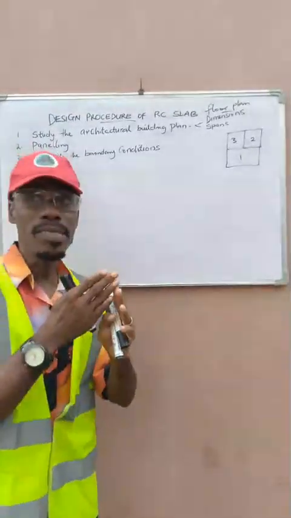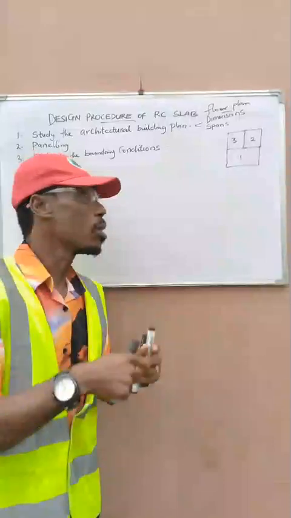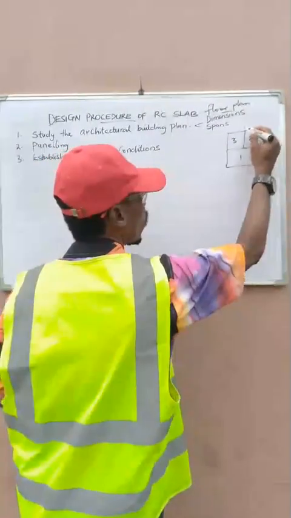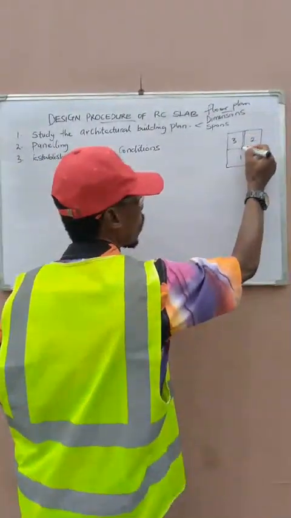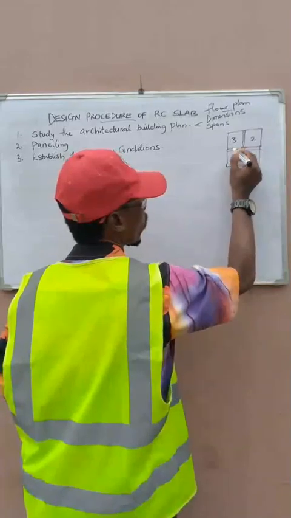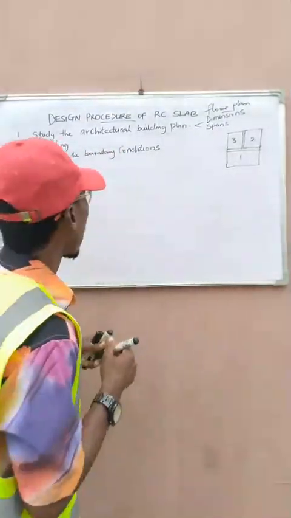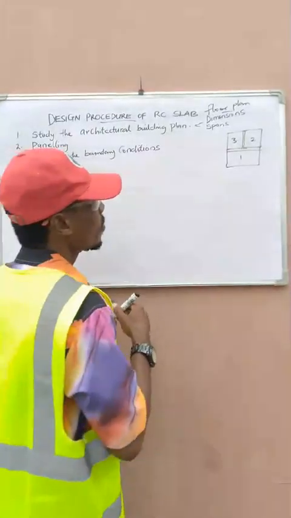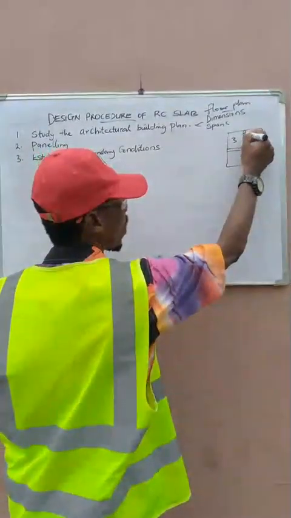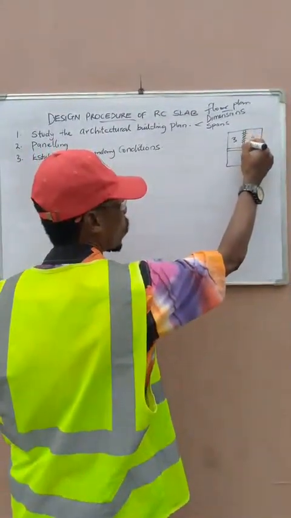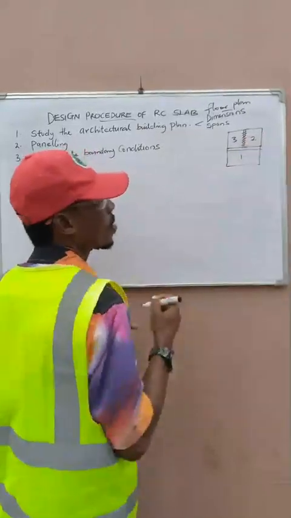Remember, the slabs are hinged to the beams. In this context, you have a beam here, a beam here, and a beam here. What boundary condition simply means is that there is a connection here. At this point it is continuous.